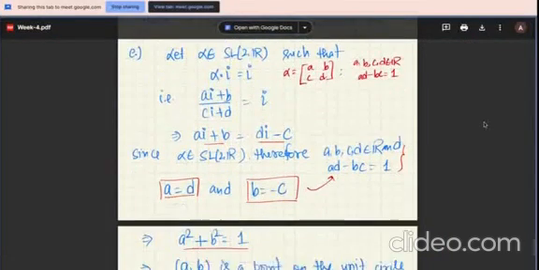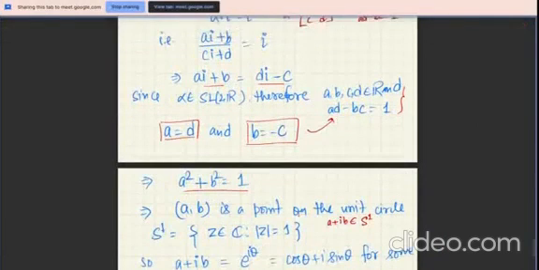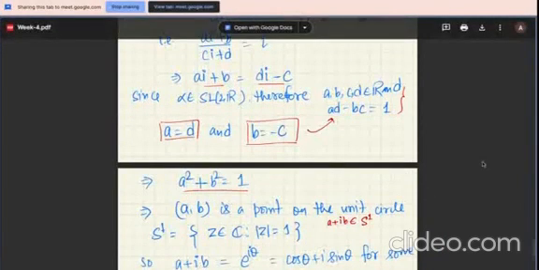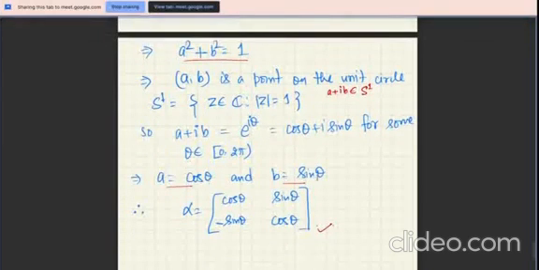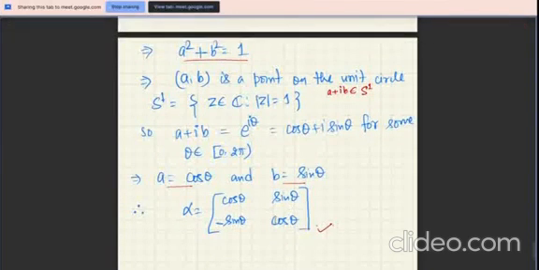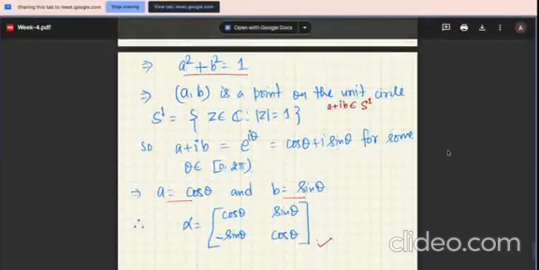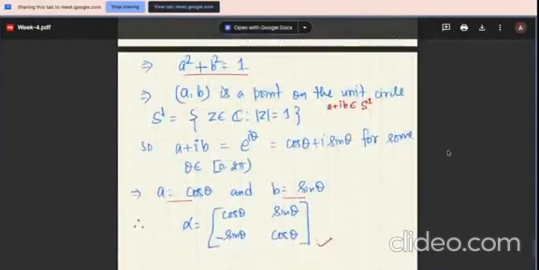So this is nothing but the unit circle. On the unit circle you will get a theta such that A plus IB is equal to e to the power i theta. It means that A is equal to cos theta and B is equal to sin theta for some theta. So alpha is equal to cos theta, sin theta, minus sin theta, cos theta. So this thing is clear, and this problem is done.